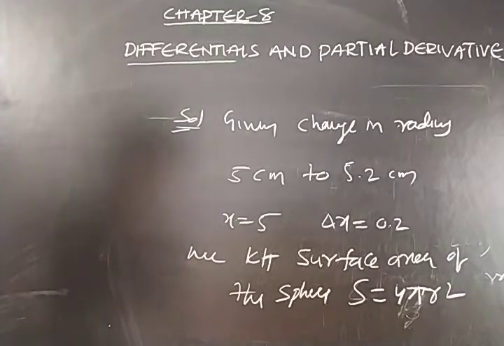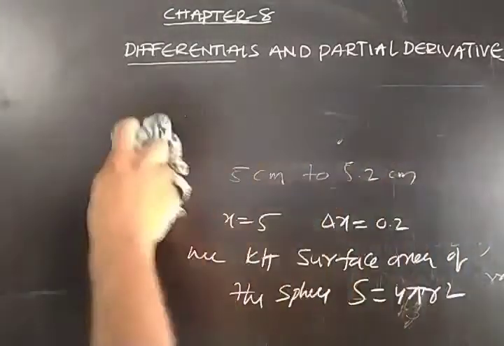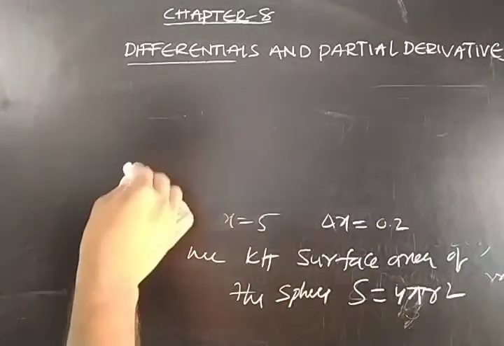Now I am going to find the change in surface area when the radius increases from 5 centimeters to 5.2 centimeters.